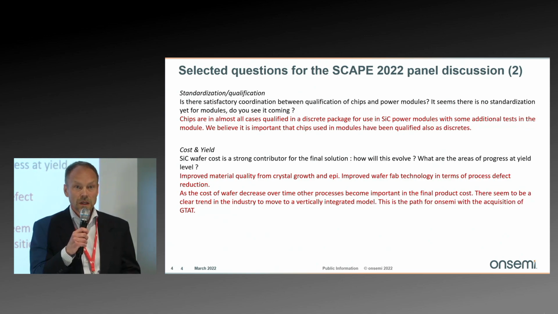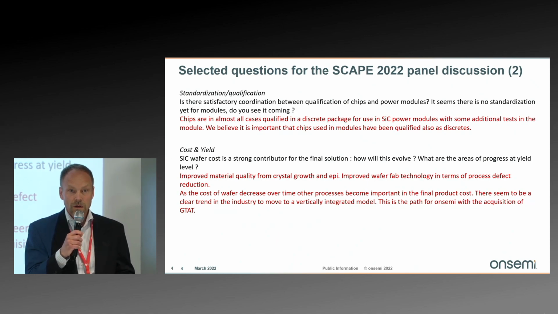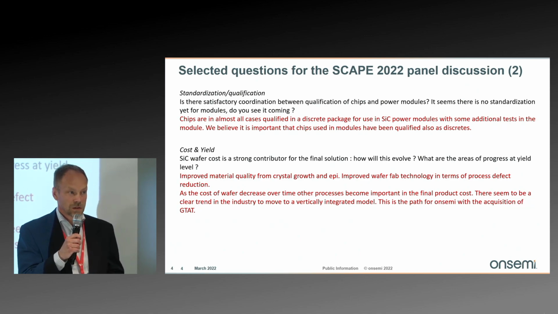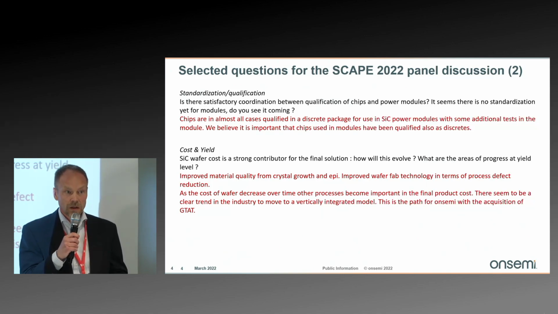And on the cost and yield, silicon carbide wafer is a strong contributor for the final solution. So we see improved material quality from crystal growth and epi, and also we see improving wafer fab technology in terms of process defect reduction and overall cleanliness, especially in the process steps that are special for silicon carbide.